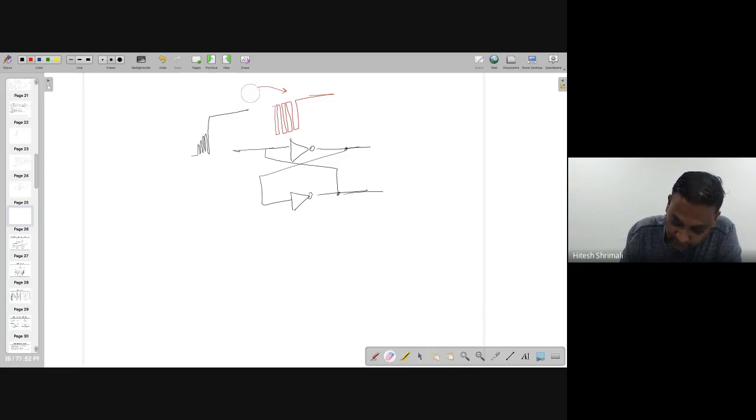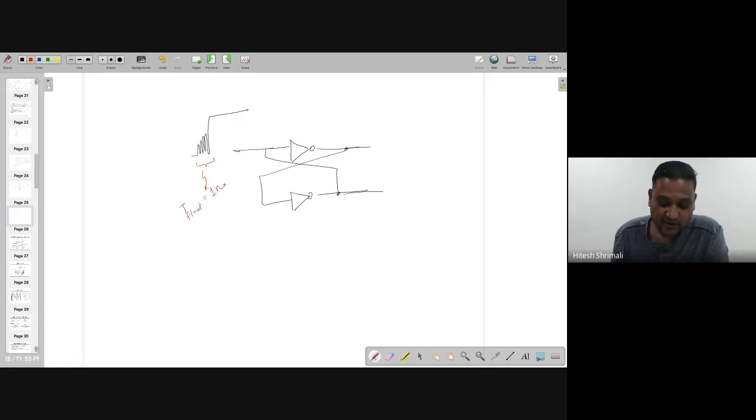But that's not true. I know the frequency of these fluctuations. Let's assume the time of fluctuations is maybe 1 nanosecond. I know that after 1 nanosecond it's going to be settled. So what I'm doing is designing an inverter whose TPHL and TPLH are much higher than 1 nanosecond. What is going to happen in that case?